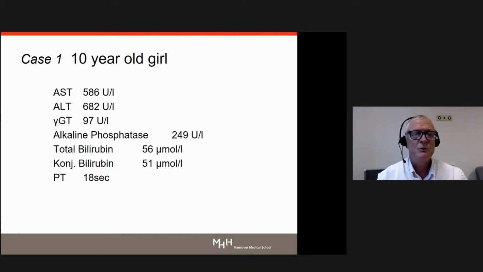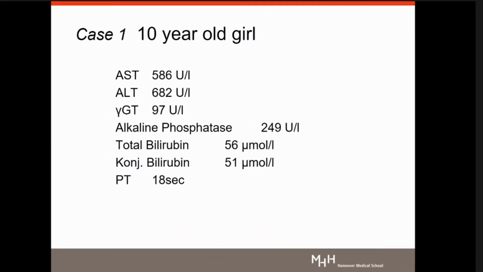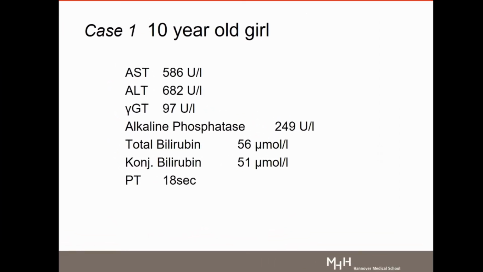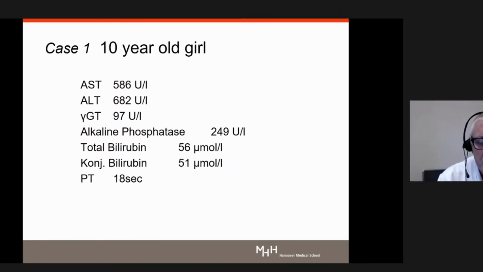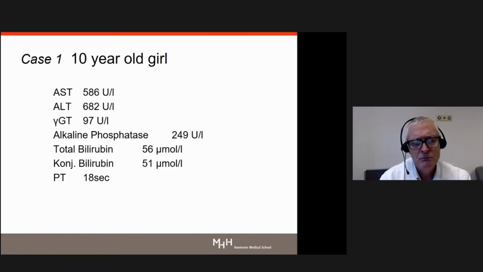What do we see? We see a 10-year-old girl with persistently abnormal values. All of these have been at checkup before, and this is persistent. So transaminase is quite high. Alkaline phosphatase, I would say, within the age limit. Bilirubin okay.